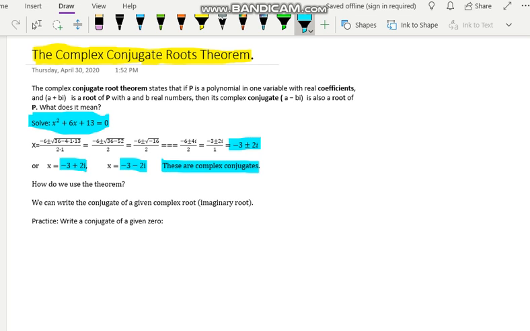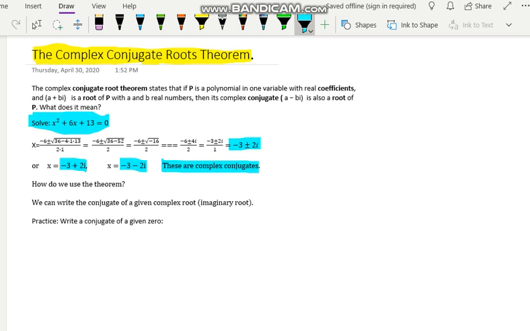If you look here, you see that the sign in front of the imaginary part changes. -3 stays exactly the same, but in the first root we have -3 plus 2i. In the second root we have -3 minus 2i. These two roots are complex conjugates.